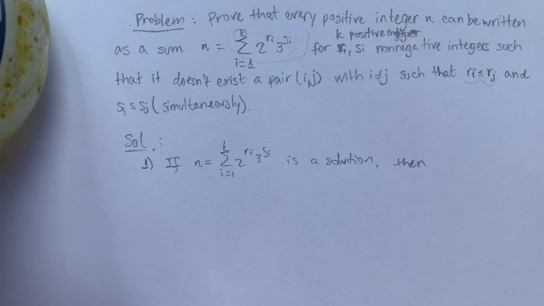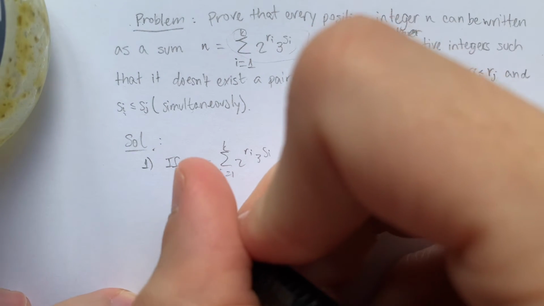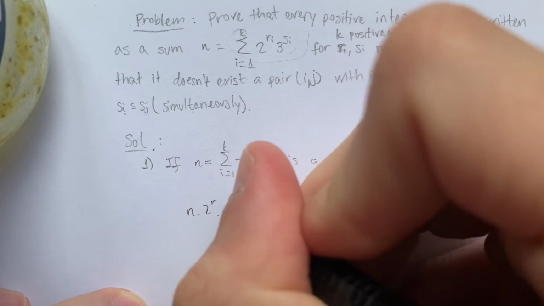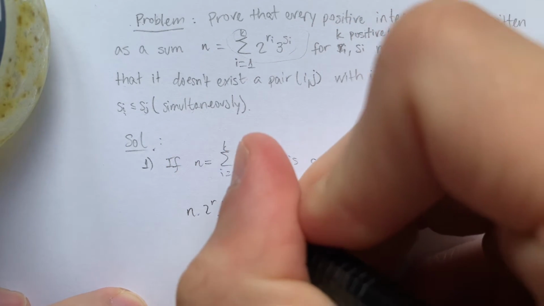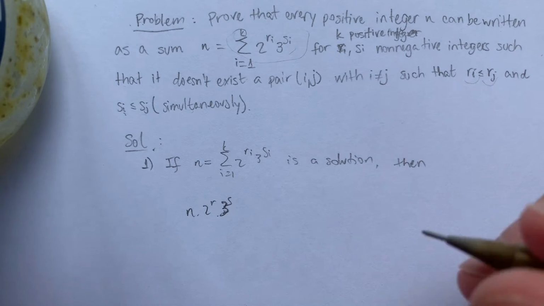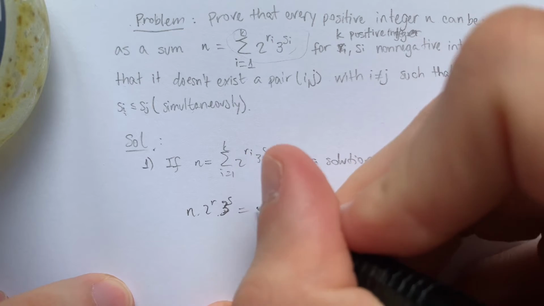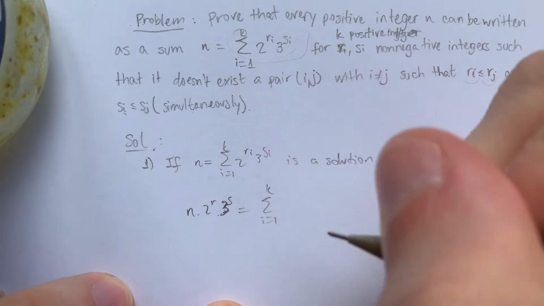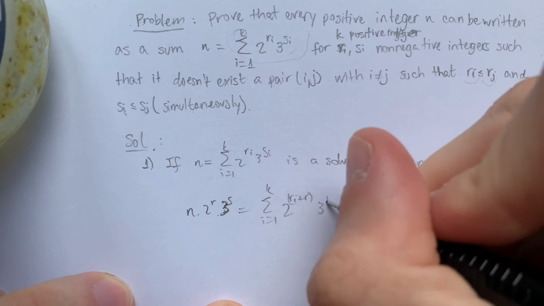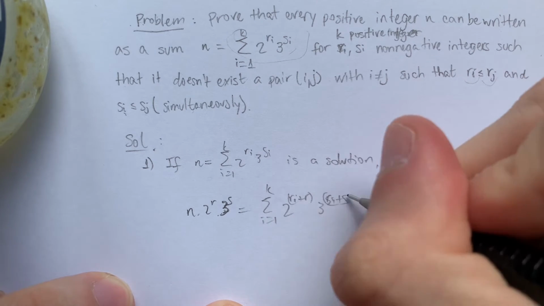We will also have a solution for n times 2 to the r, 3 to the s, which will be the sum of 2 to the ri plus r, 3 to the si plus s.